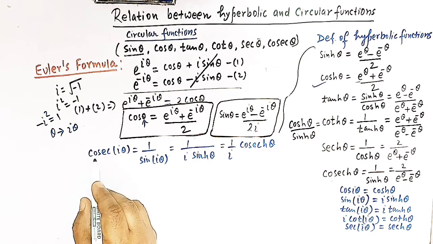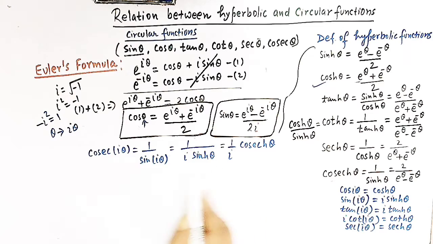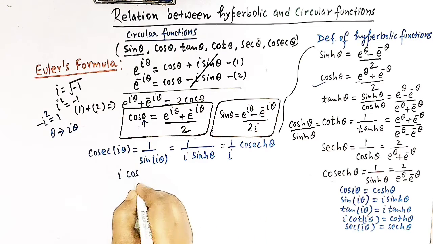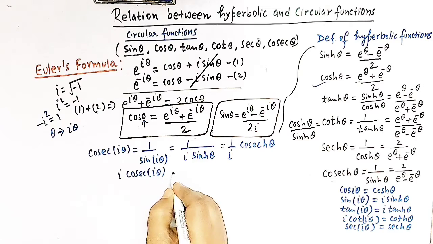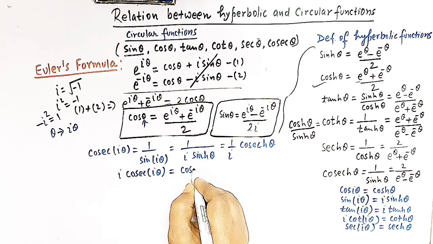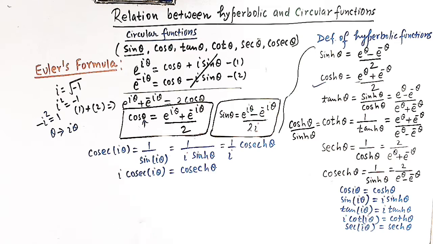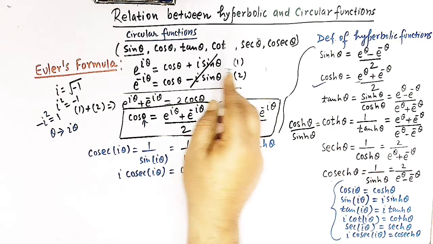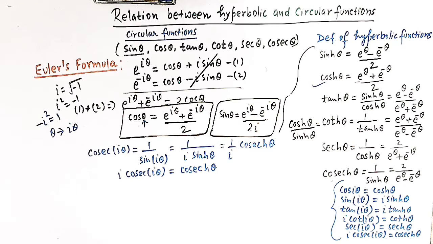So now multiplying cosec iθ by i, we have i times cosecant iθ is equal to the hyperbolic cosecant of theta. So this is another relation. So here we can now write i times cosec iθ is equal to hyperbolic cosecant of theta. So these are the six important relations between hyperbolic functions and circular functions.